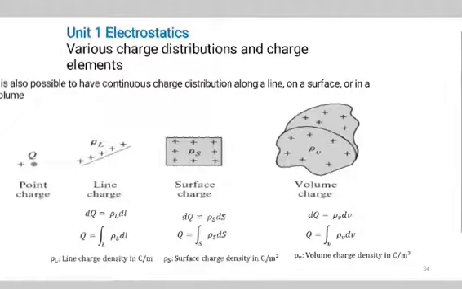If we take the integration on both sides, then it becomes Q is equal to integration over length L of rho L into dl.